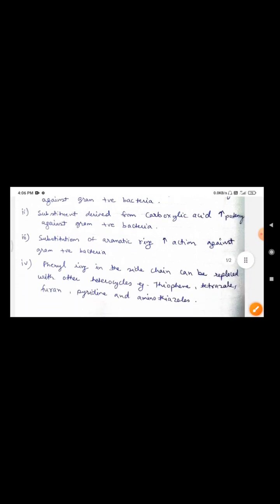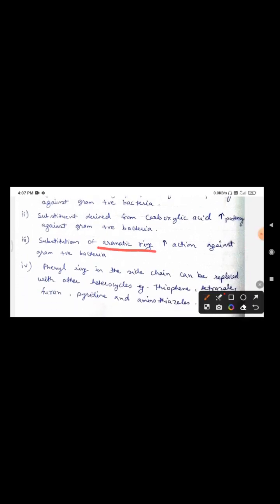The substitution of the aromatic ring increases the lipophilicity, which increases the action against the gram-positive bacteria. For example, the substitution of the aromatic ring and the phenyl ring.